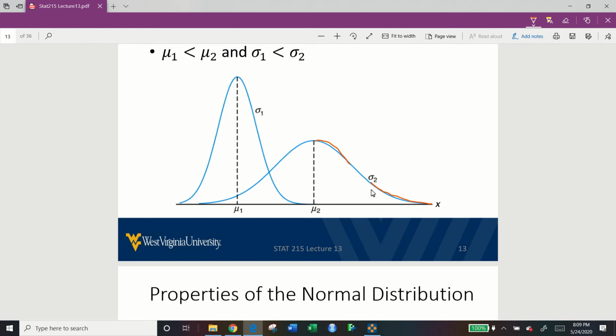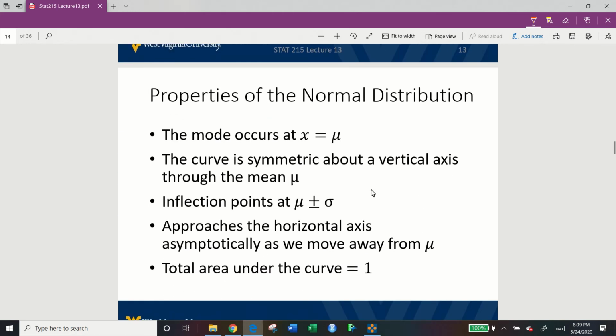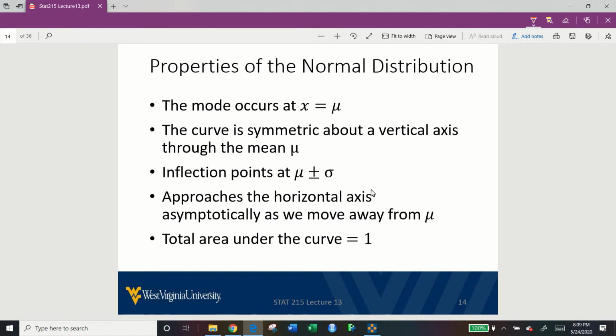That magic point where we go from curving down to curving to the right, or to the left if we were doing it on the other side, is called the inflection point, and that's the location at 1 standard deviation. And the curve approaches our horizontal axis asymptotically as we move away from mu. And again, hopefully this was something you should have already had an idea of: the total area under the curve is going to be equal to 1.